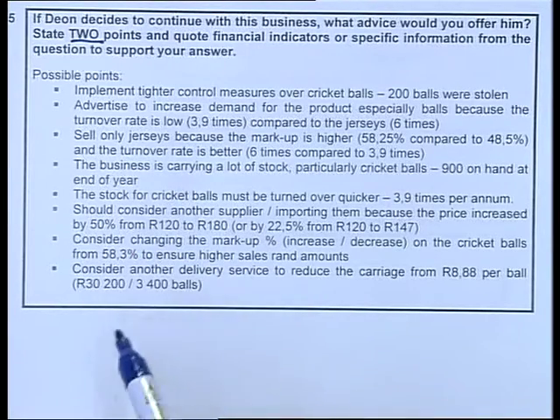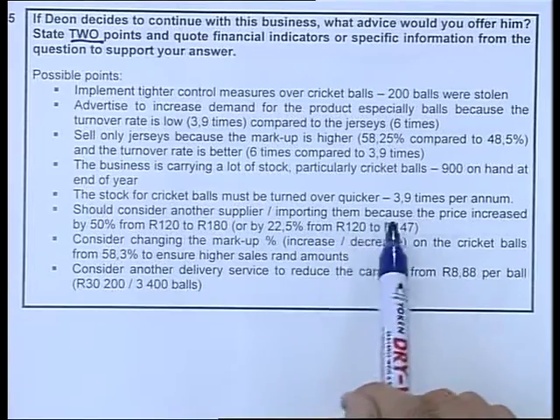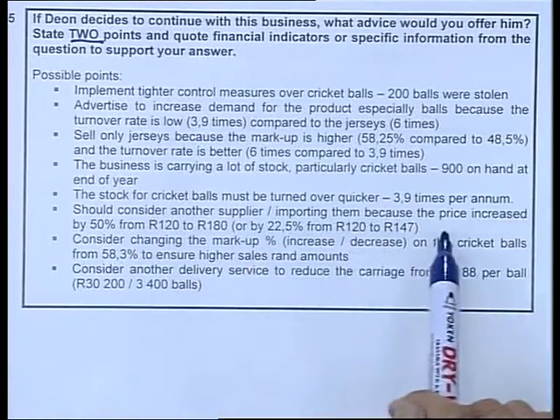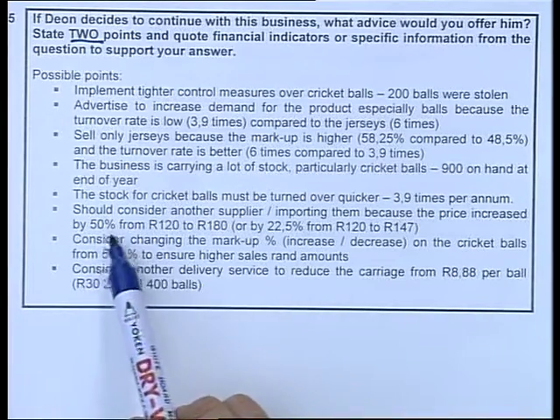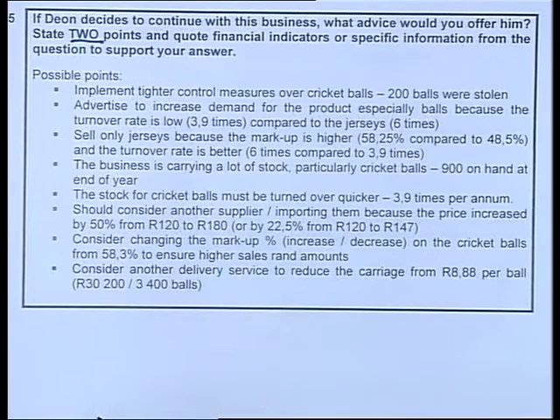The business is carrying a lot of stock, but particularly cricket balls, 900 on hand at the end of the year. The stock for the cricket balls must be turned over quicker. You should consider another supplier, importing them because the price increased by 50% from 120 Rand to 180 Rand.